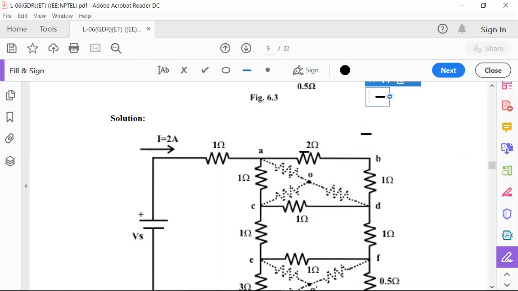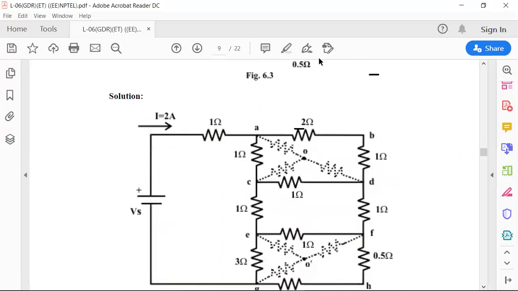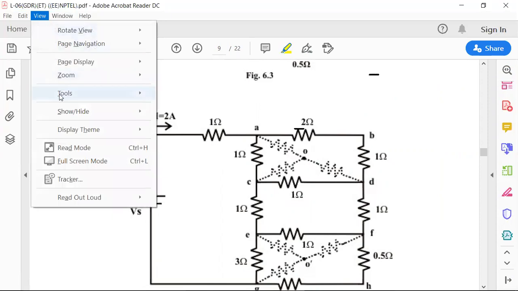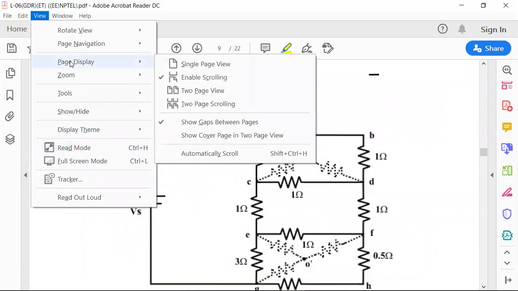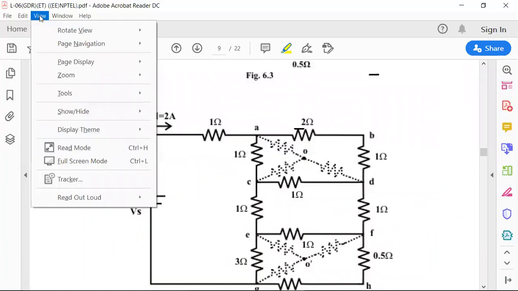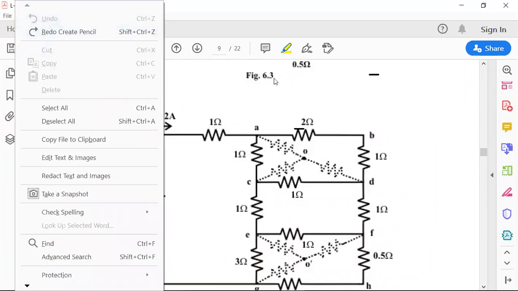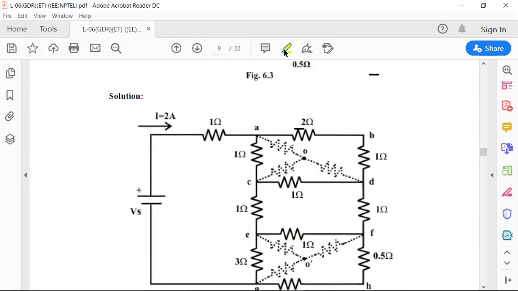Let me use this marker itself, because there is no other option for highlighting parts.